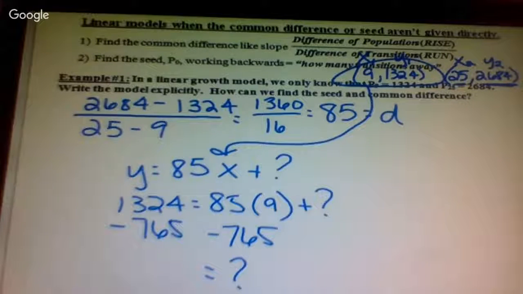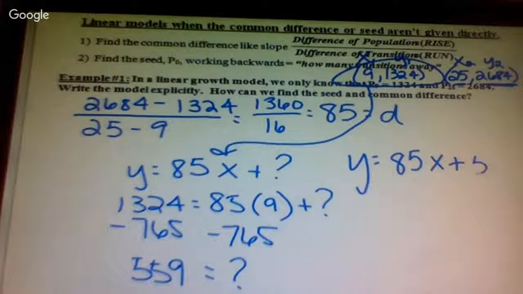That gives 559. So my actual equation is y equals 85x plus 559. You could use either point, and you would have still gotten 559. You could have plugged in this point instead and still gotten 559. It does not matter.